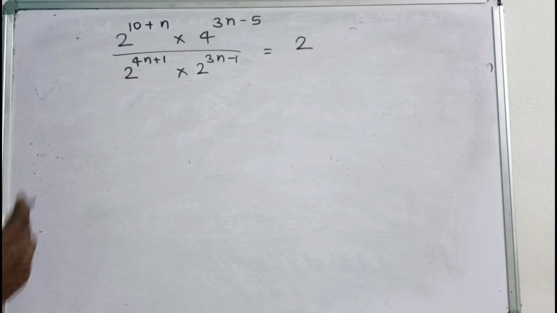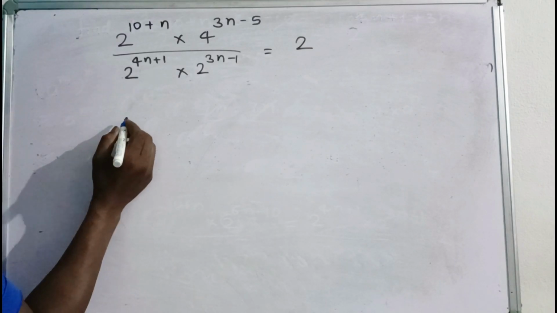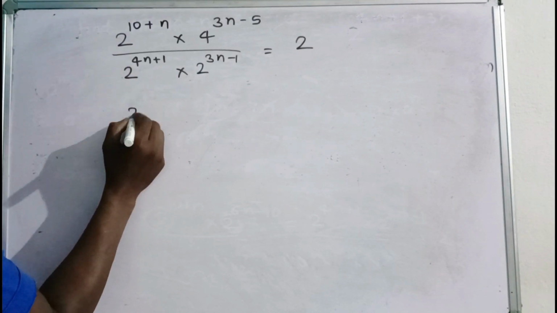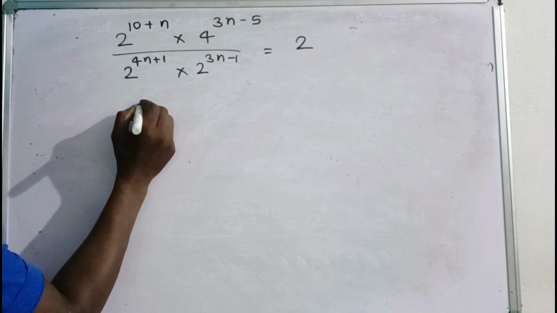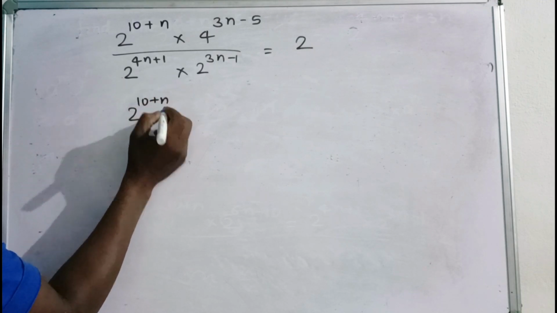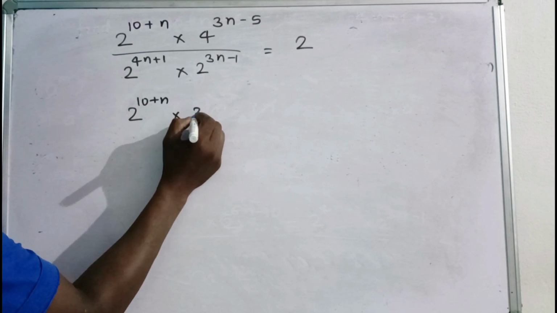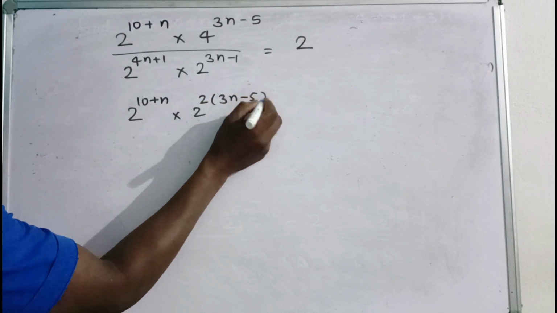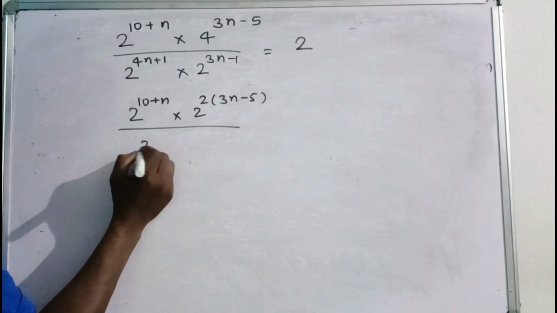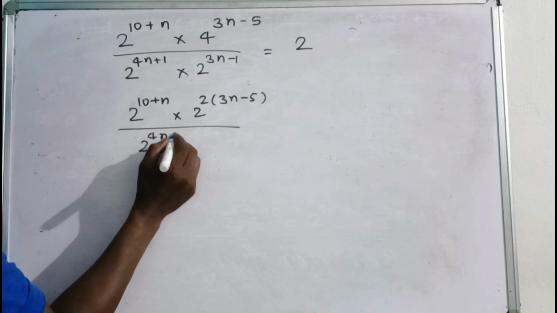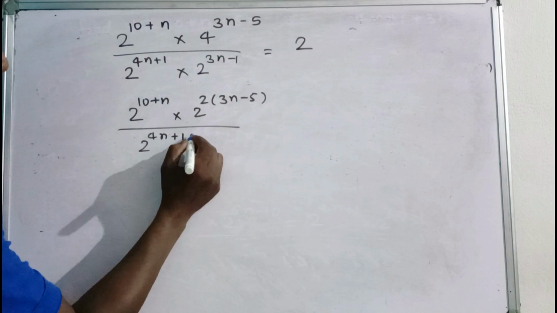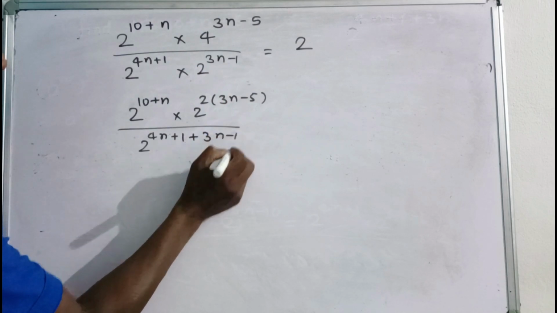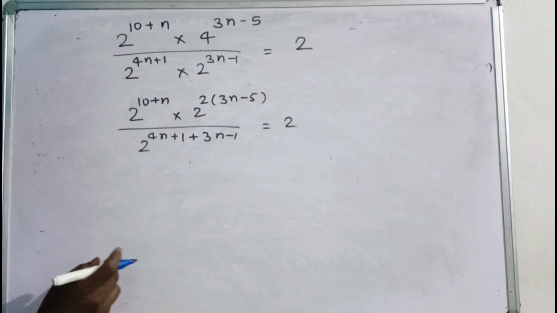Now, same way, 2 raised to the power 10 plus n into 2 raised to the power 2 in bracket 3n minus 5 divided by 2 raised to the power 4n plus 1 plus 3n minus 1 is equal to 2.